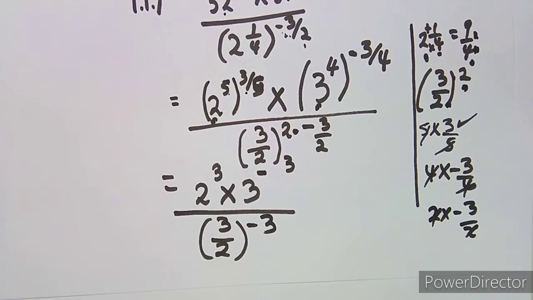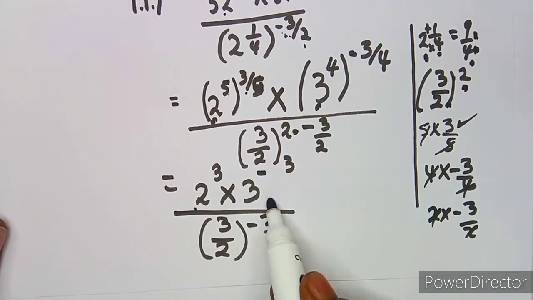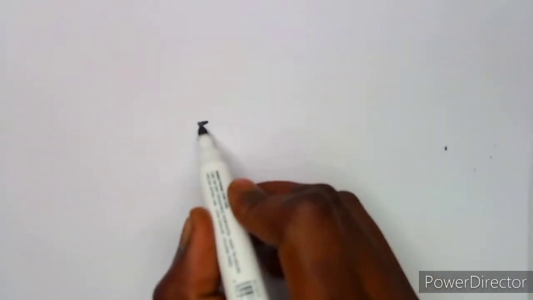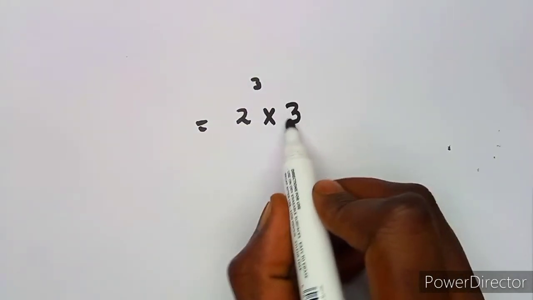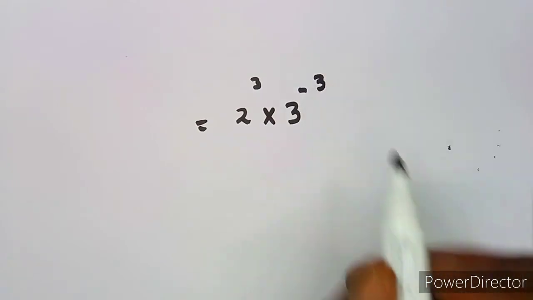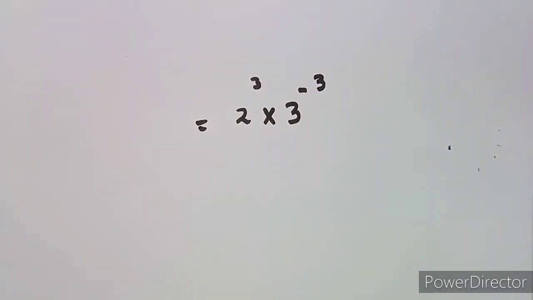But how can we work around this type of expression? How can we simplify this further? Because there's nothing we can do on top here. Let me write it: 2 to the exponent of 3 multiplied by 3 to the exponent of minus 3. There's nothing much I can do there.